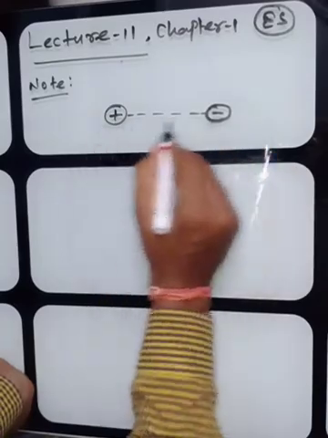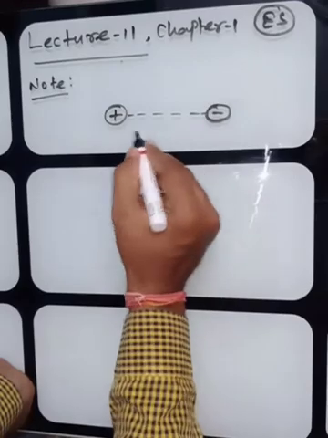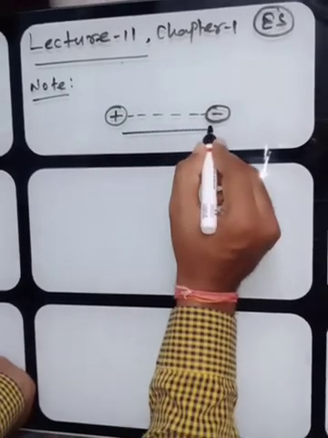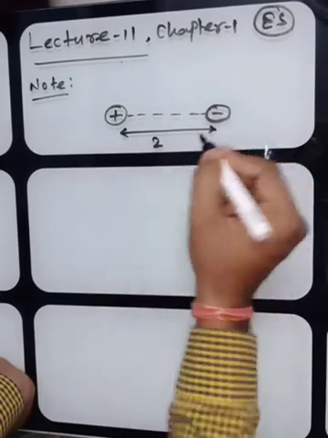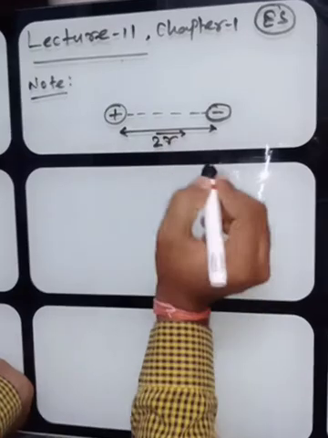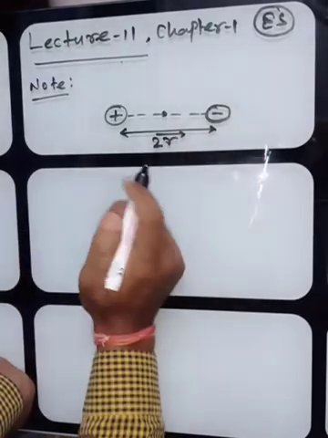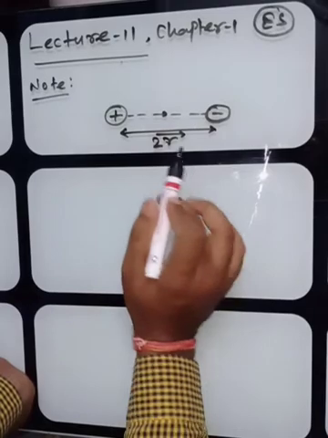This distance, usually for easy calculation, we take as I have written here, 2R, or 2L or 2A, whatever, as a vector distance. Why? So that we can divide this dipole from its center as R and R. Don't be confused.